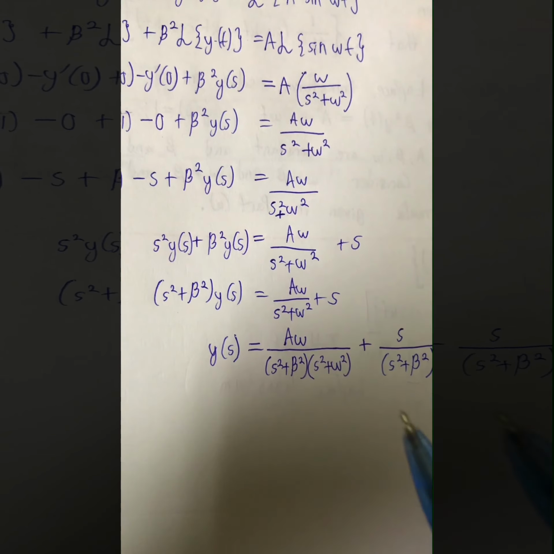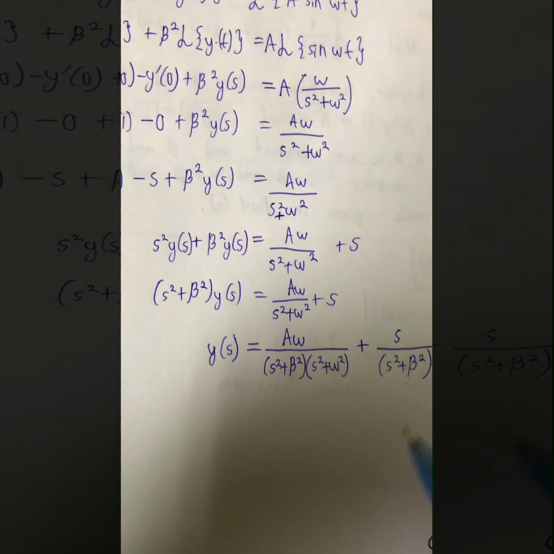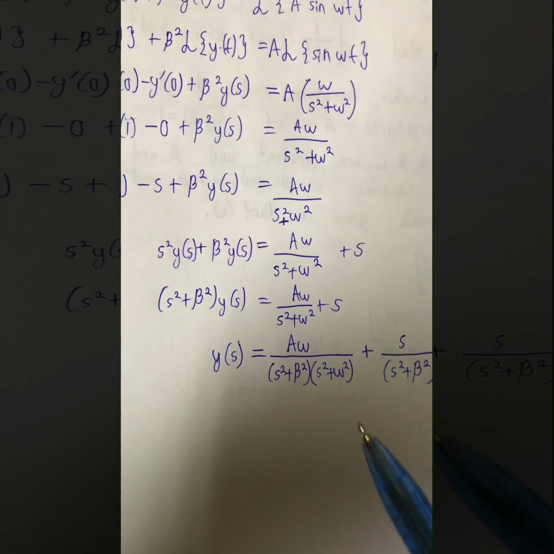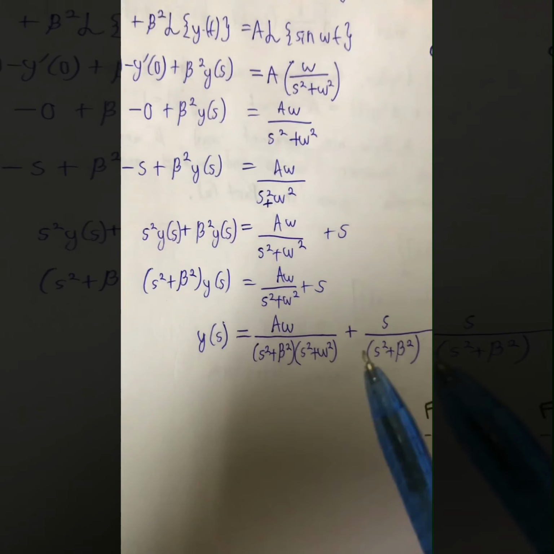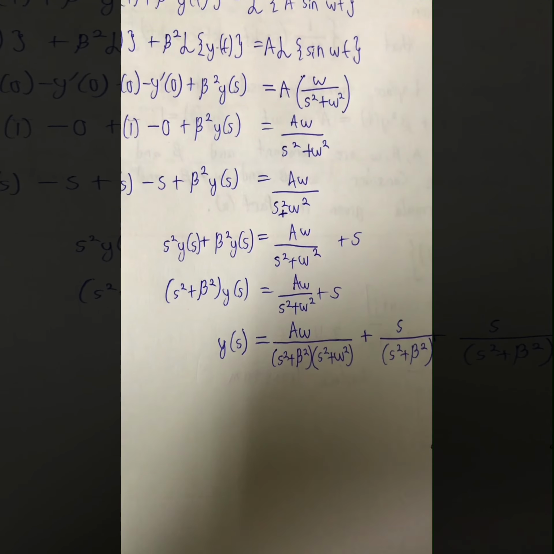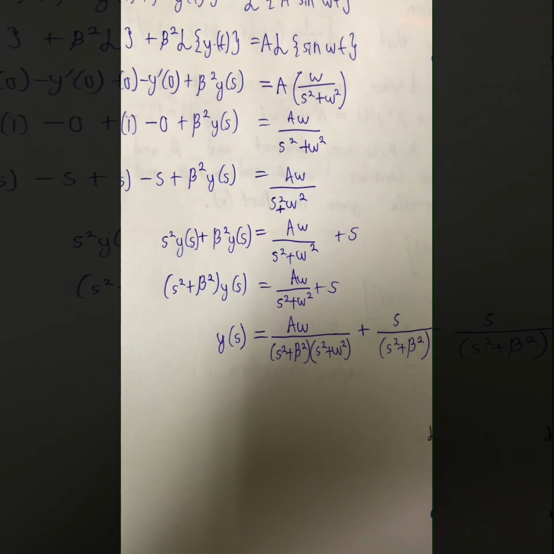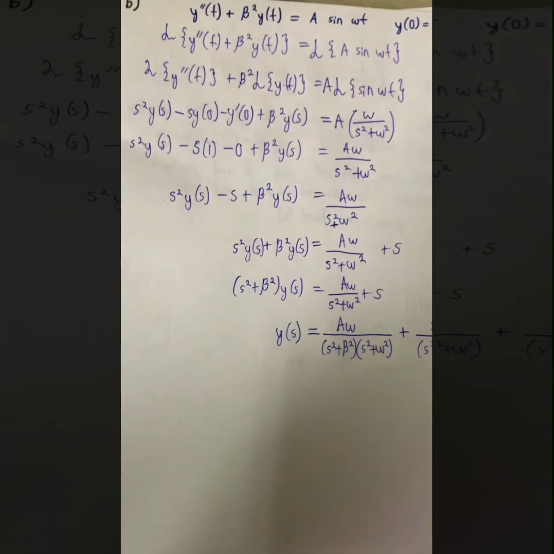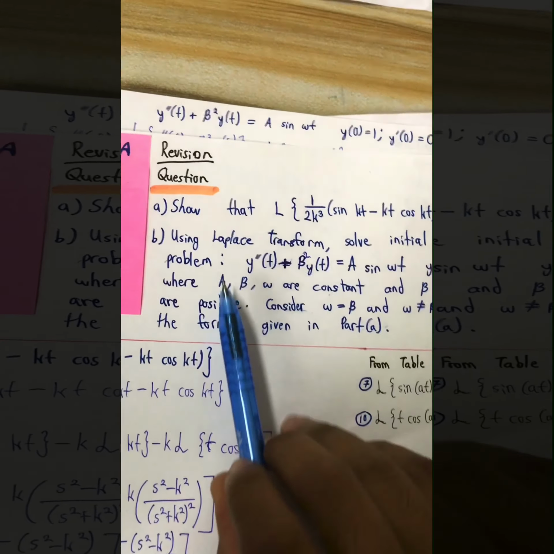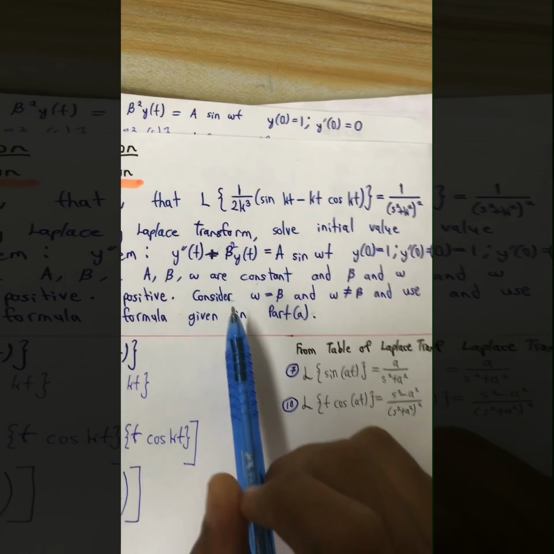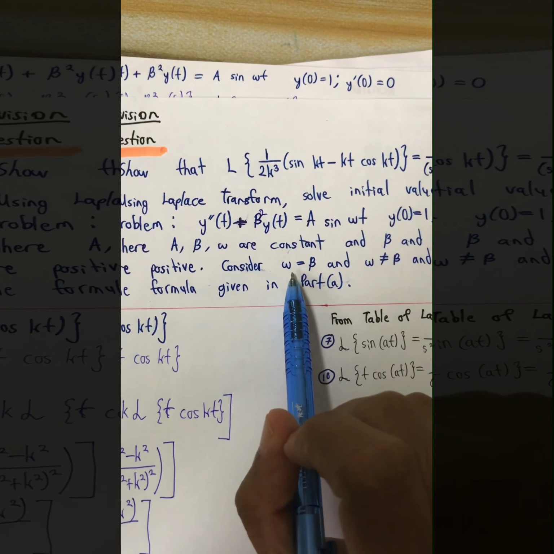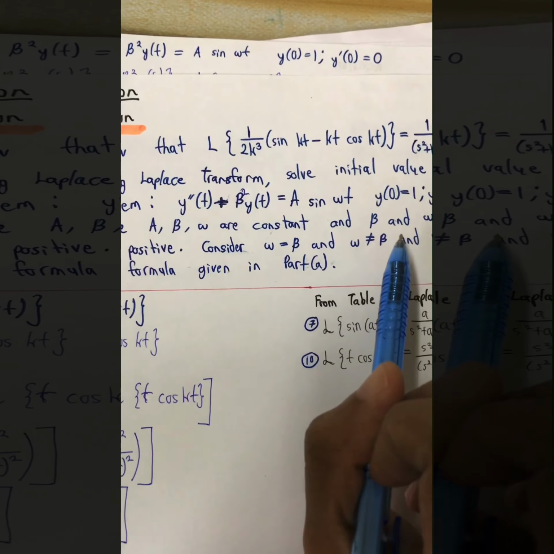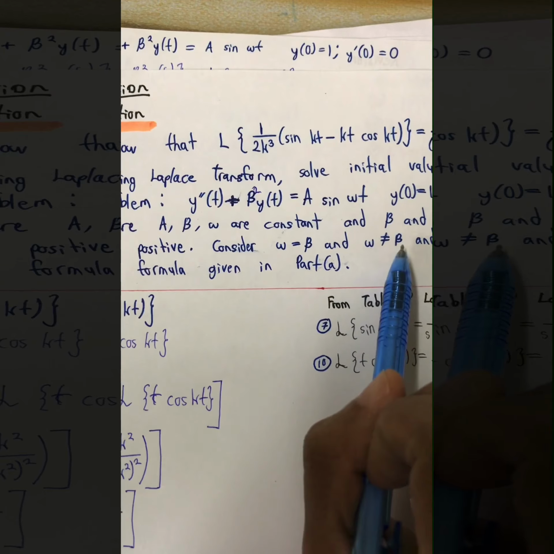Now we move to the next step, where we need to find the inverse Laplace transform to get the function y in terms of t. The y(t) is going to be our answer. But from the question, we have constants, and the question asks us to consider the first case where omega equals beta, and the second case where omega is not equal to beta.